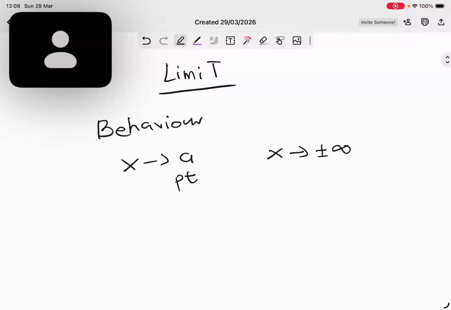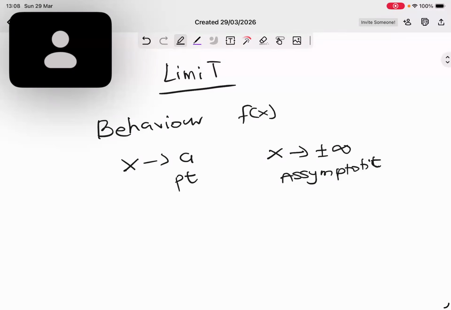And when we're looking at limits as x is approaching infinity, then we say that we're looking at the asymptotic behavior. Asymptotic means that we're looking at extreme ends, which is plus or minus infinity. But when we are looking at limits at a point, then it means that the variable in the function f of x, which is x, is approaching a number a.